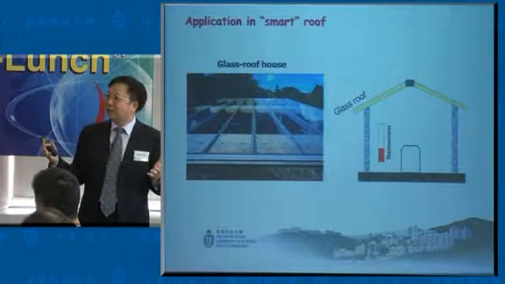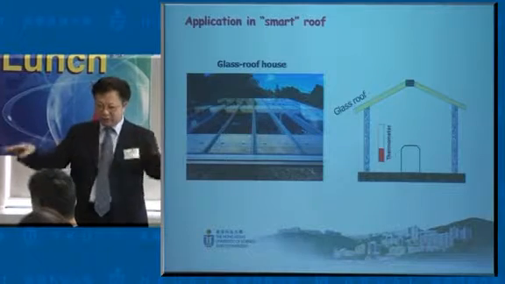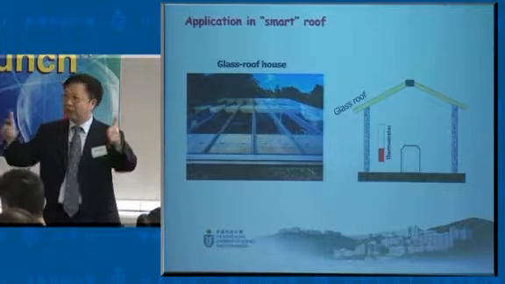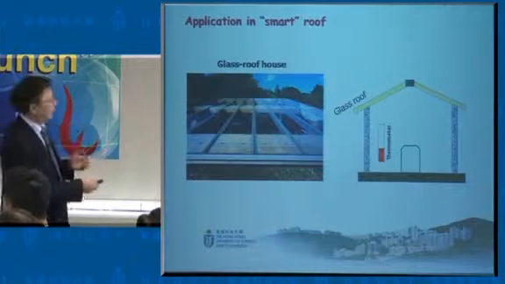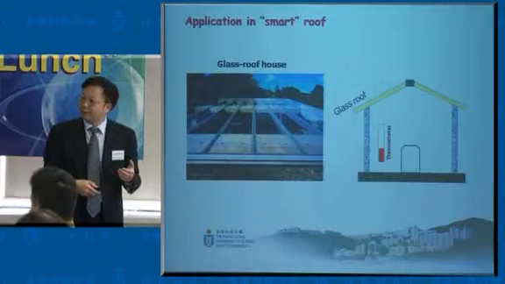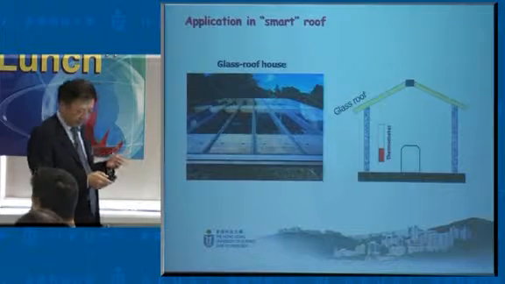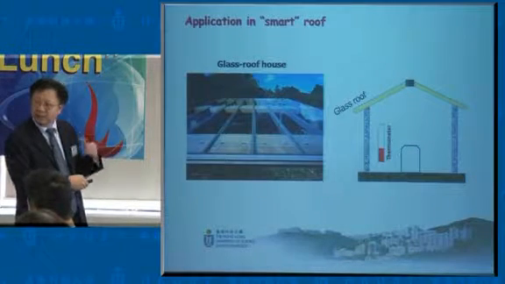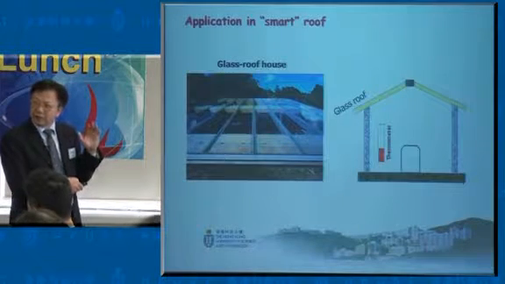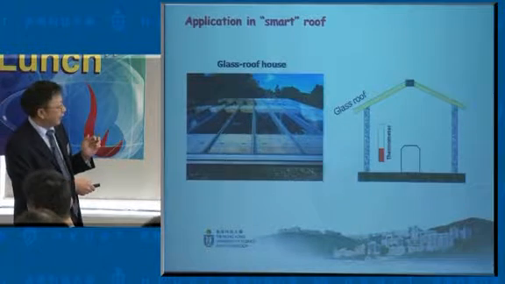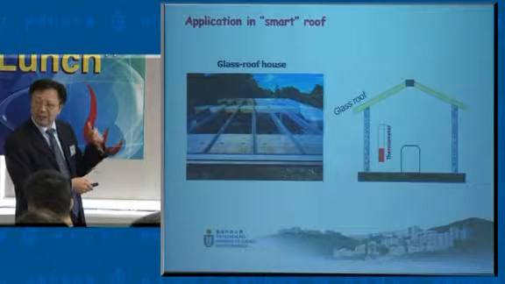Because it's hot, the temperature in this room rises a lot. It's very hot and not useful for plants. But in the winter it's fine. In summer it's terrible. However, if you inject our smart polymer into the glass, it changes totally. So you can see here is a glass roof with smart polymers.